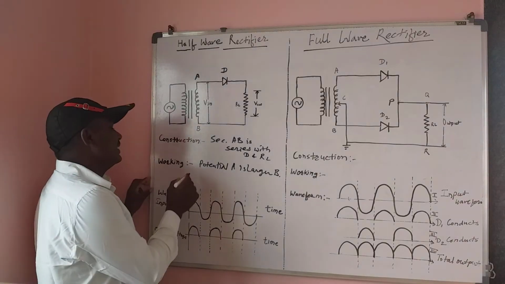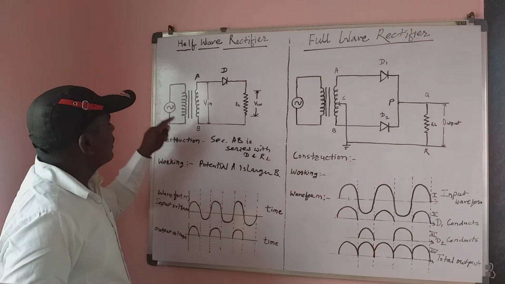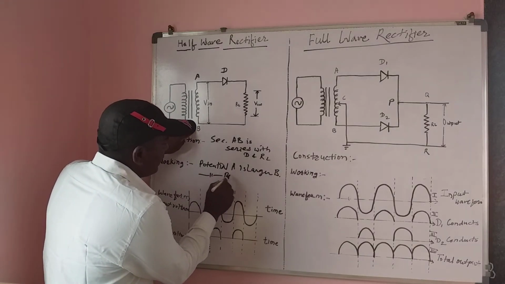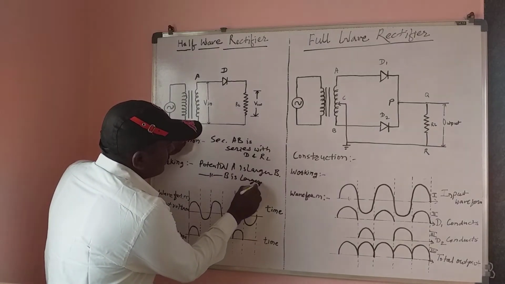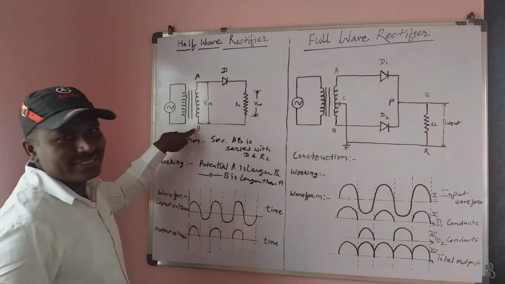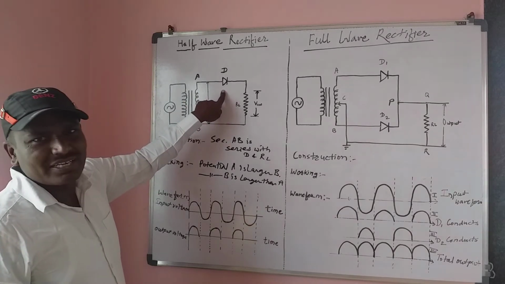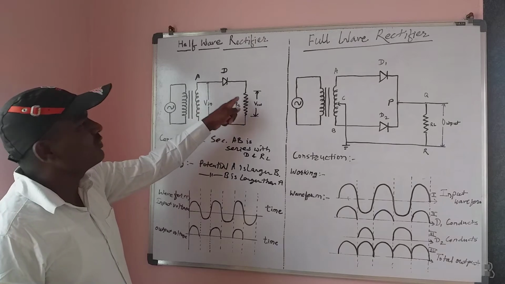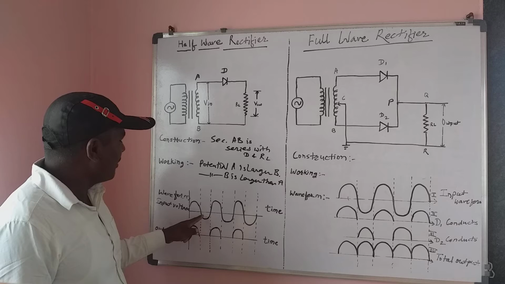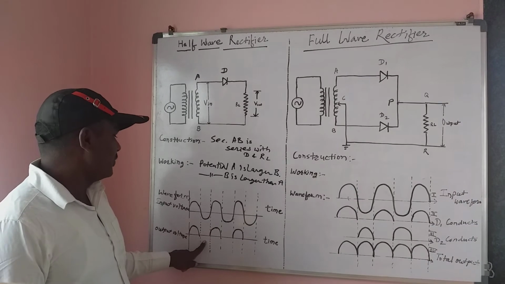In the second condition, the potential at B is larger than at point A. In that condition this diode is in reverse bias. When the diode is reverse biased, current does not flow. That means the negative half cycle is not allowed in the output.